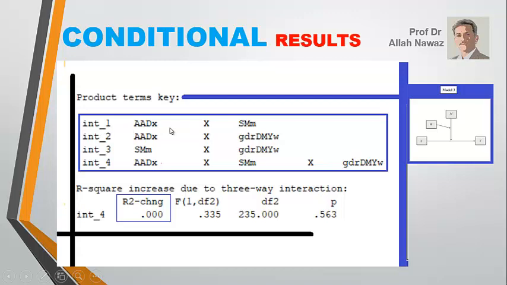So interaction 1 represents x multiplied by moderator 1, interaction 2 is the output of x multiplied by gender, interaction 3 is the moderator 1 multiplied by moderator 2, and the fourth final interaction is between the 3 variables of x, moderator 1 and moderator 2. Further, R square increase due to 3-way interaction is 0 as well as it is insignificant.